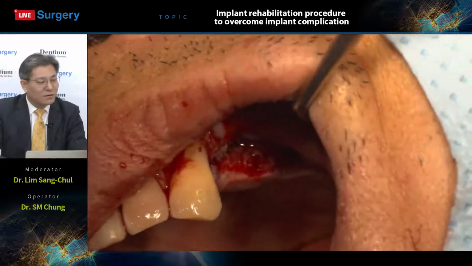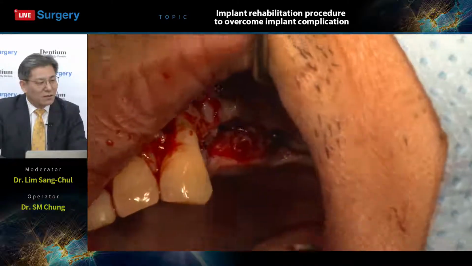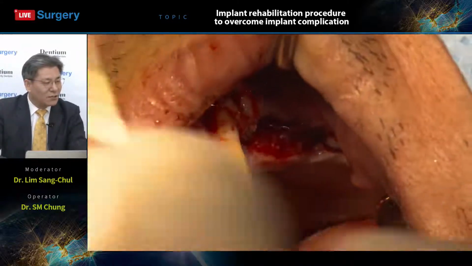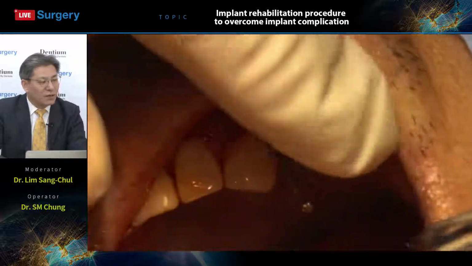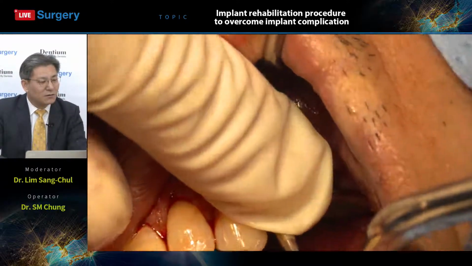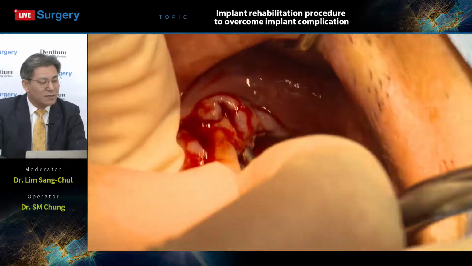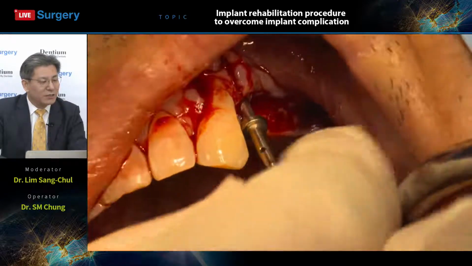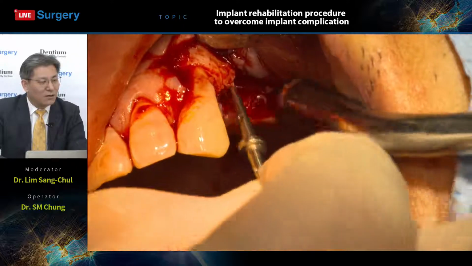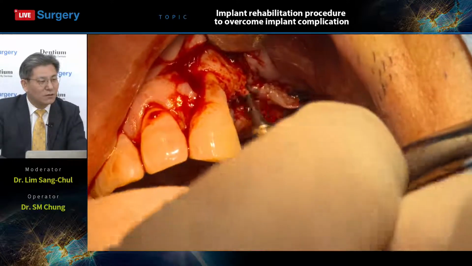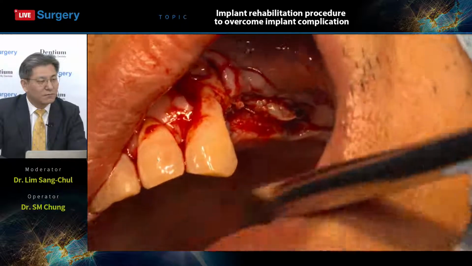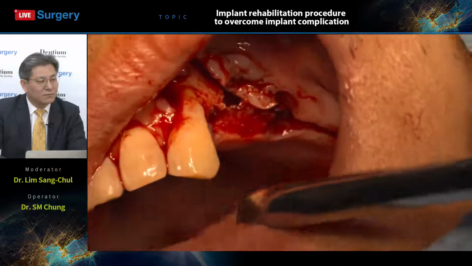Okay, so now he checks bone quality and position relationships, checking the path and relation of both jaws.